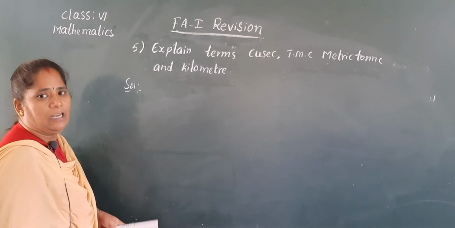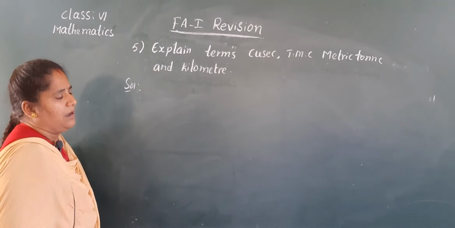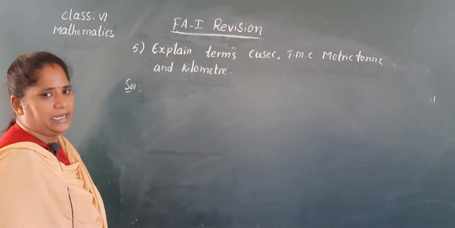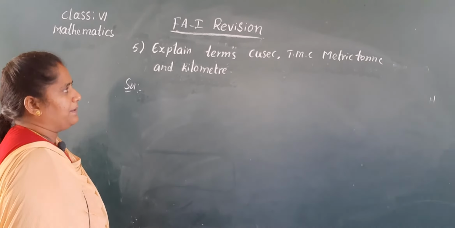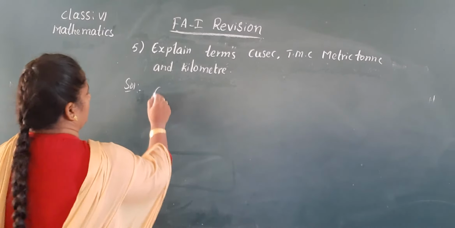And what is meant by kilometer? Yes, kilometer is used to measure the distance. 1 kilometer equal to 1000 meters. Already explained in the previous classes, Nana. So what is meant by cubic? Write down.